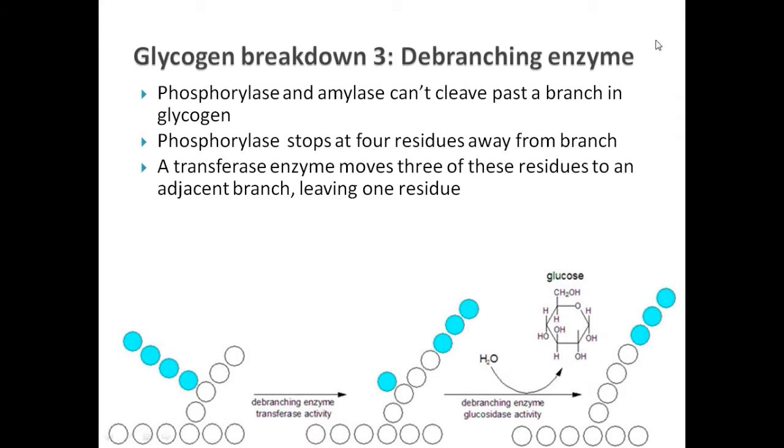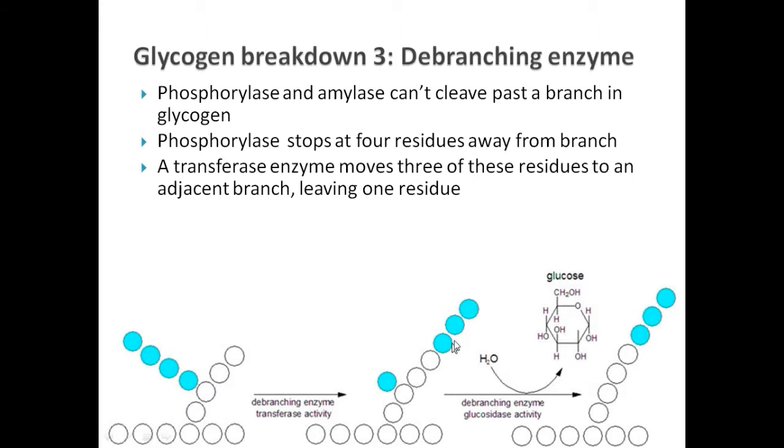Now, the debranching enzyme has basically got 2 activities. It's got a transferase activity and it's got a cleavage activity. So the transferase enzyme will move 3 of these residues to an adjacent branch, leaving just 1 residue. So of the 4 residues that basically scared off our phosphorylase, 3 residues are transferred to a different chain end.